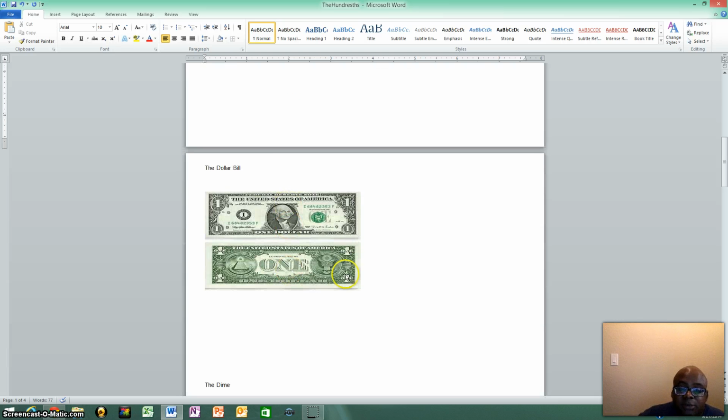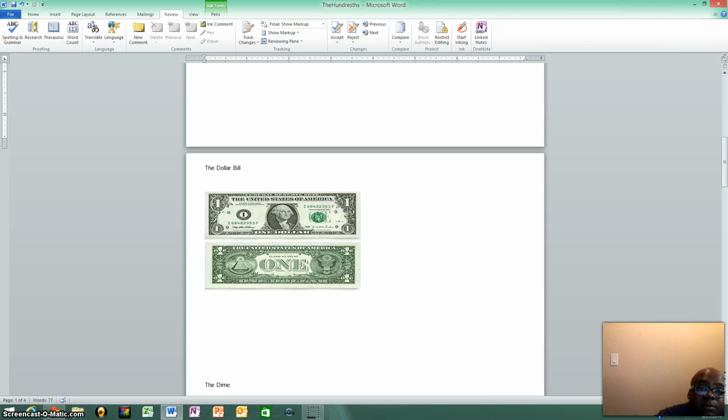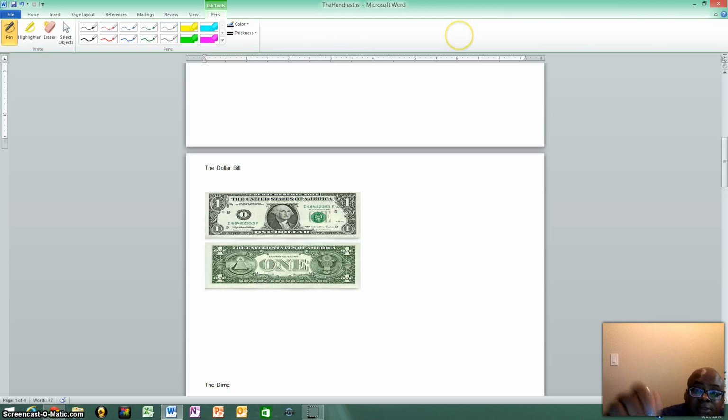So now let's start talking about some of this good old-fashioned money and how it relates to decimals. Well, you know that the dollar has a value of 1 whole because this is a whole dollar.